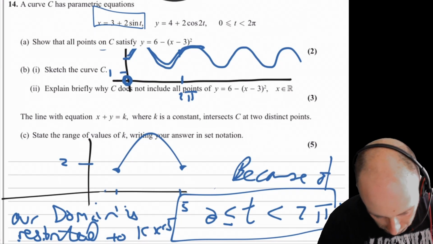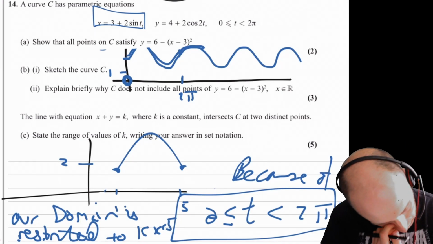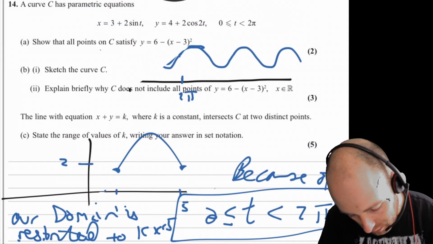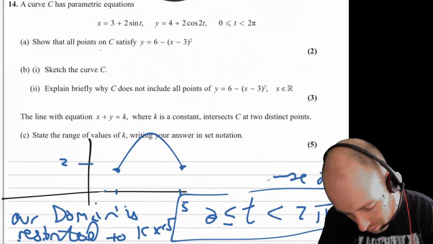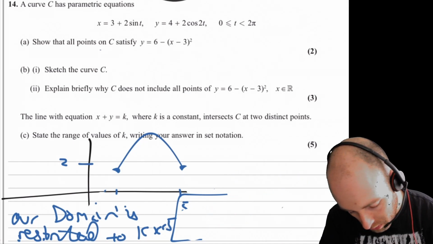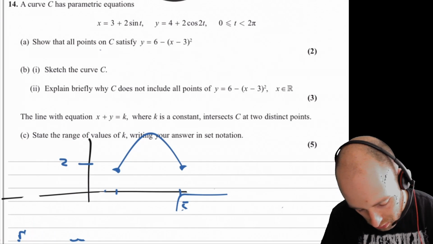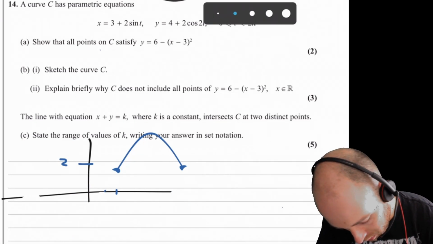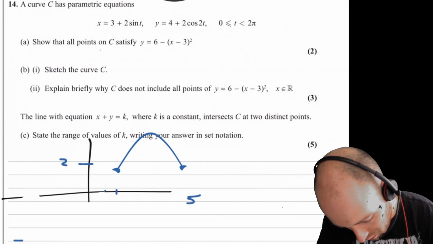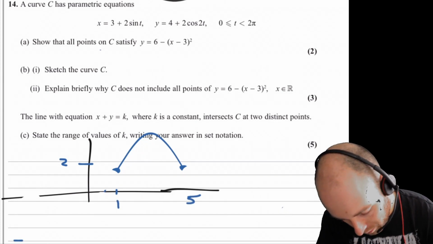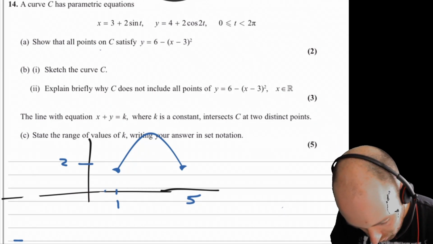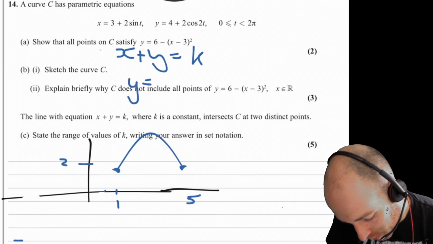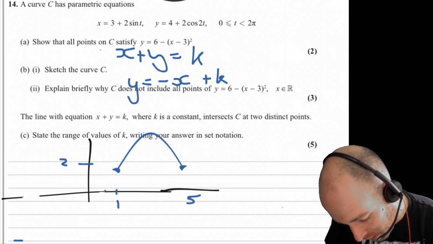Okay, so then we've got another curve, x plus y equals k, which intersects this curve at 2 points. So if I clear some space here. So y for x plus y equals k, we could also say that y equals minus x plus k.